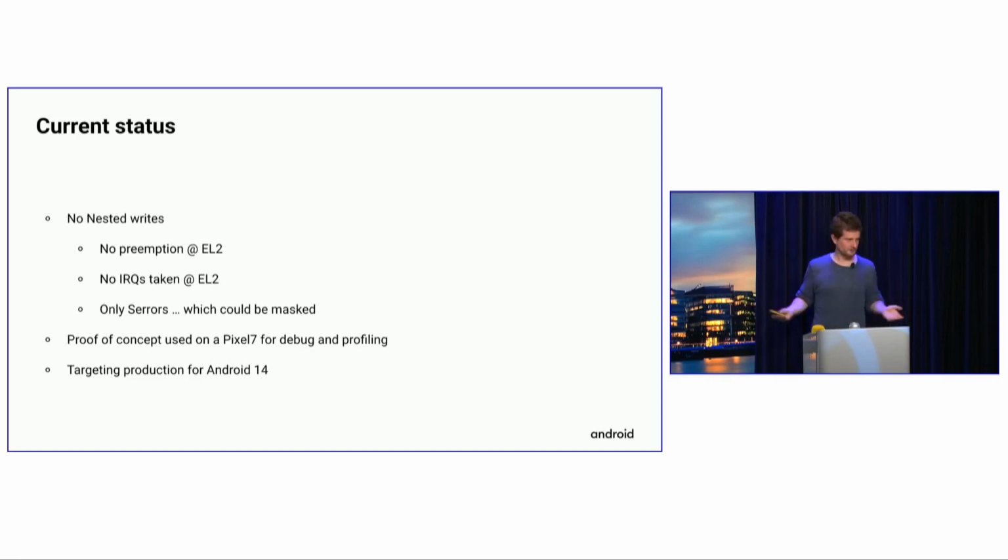And profiling to see, for example, how much time we spend in EL2, because currently there's no way for the kernel to know exactly when it's preempted by EL2. In terms of production, we do hope to have these features available and also propagated to Perfetto for the next Android release. And that's all I have. Upstream too, of course.